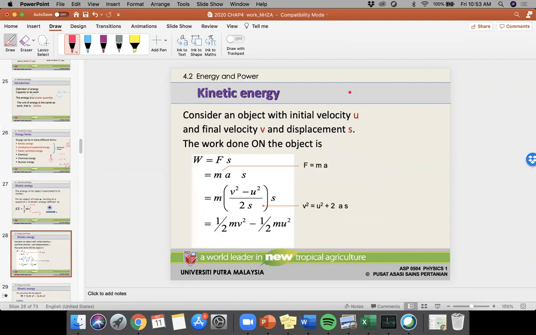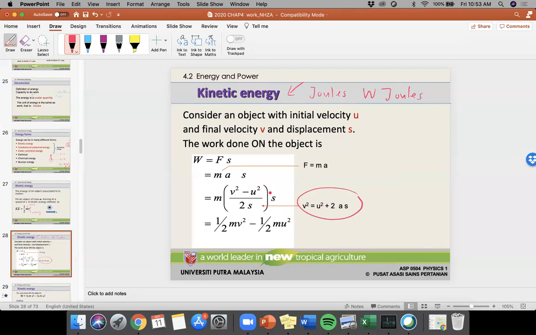Okay, so how do we derive kinetic energy from work done? Why do they have the same units, right? Kinetic energy has joules. Work done pun joules. How? So work done is equal to Fs, force times displacement. F is equal to ma, and we know a is from this equation.